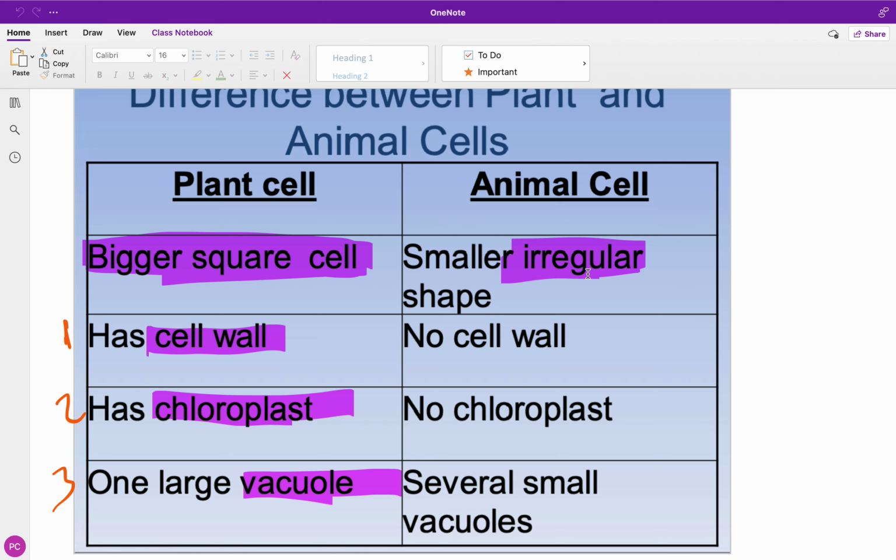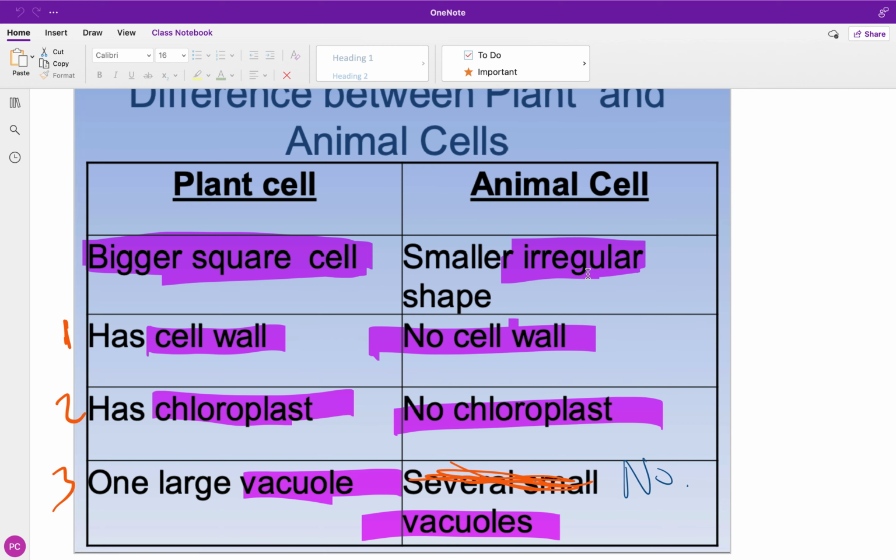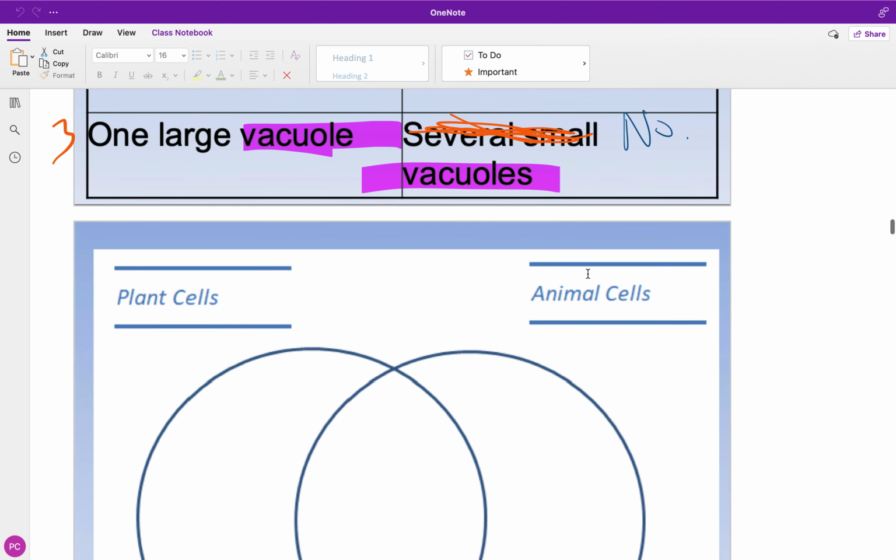And we saw then this is just the opposite, that the animal cell has no cell wall, no chloroplasts, and a couple of really, really small vacuoles that we don't even see. So you could even say, get rid of that there, and it has no vacuoles. You'd be safe enough saying that, because it's not something that we can see on a microscope.